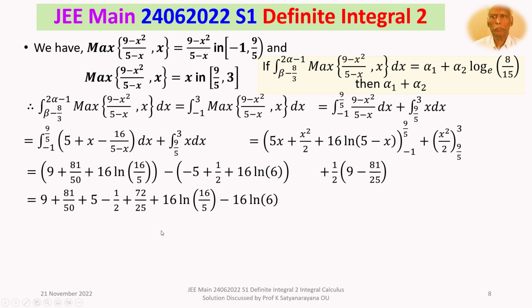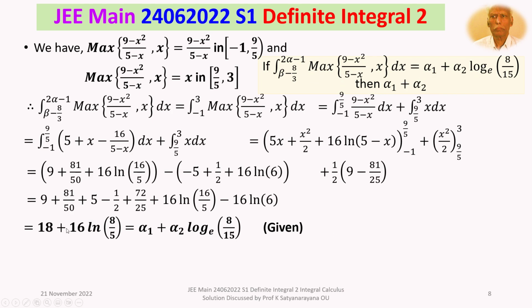So this is what we have, and we will now simplify this one. When simplified, you will get 18, 16 log of (16 by 5) by 6, that is 8 by 5, so ln of 8 by 15. And that is alpha 1 plus alpha 2 times logarithm of 8 by 15 to the base e, and this is given here.